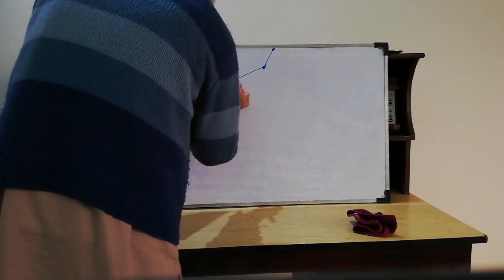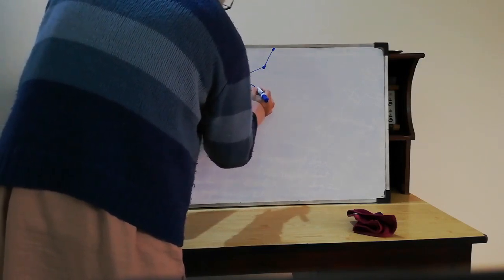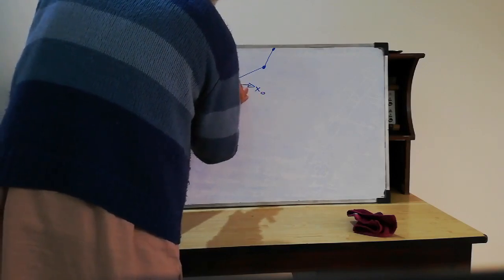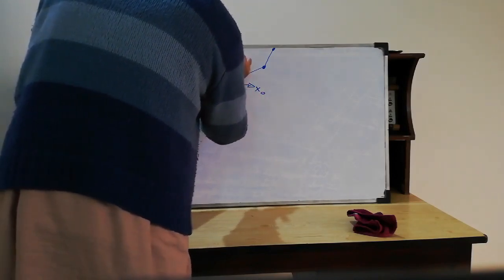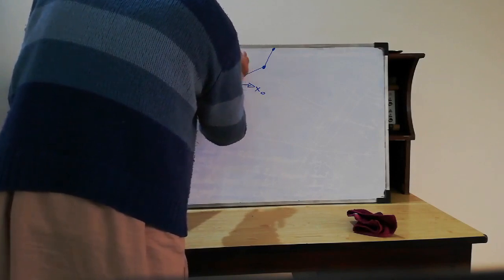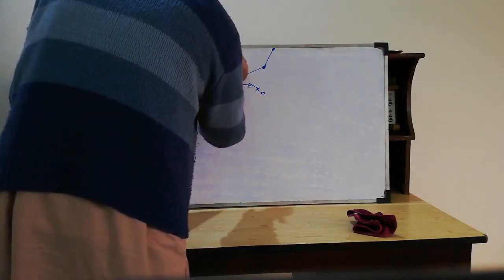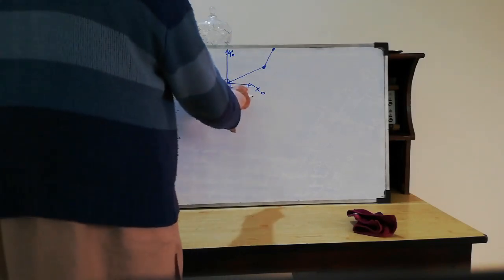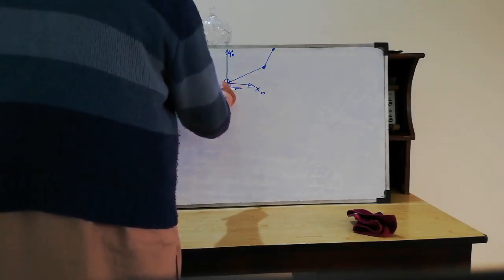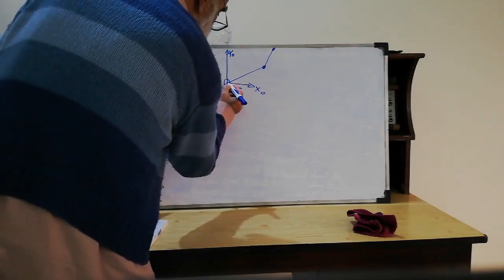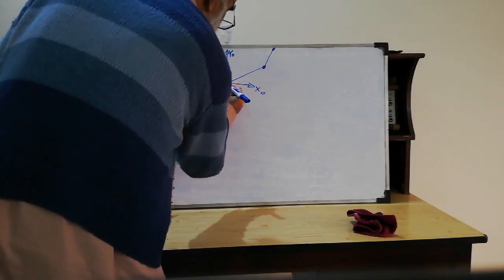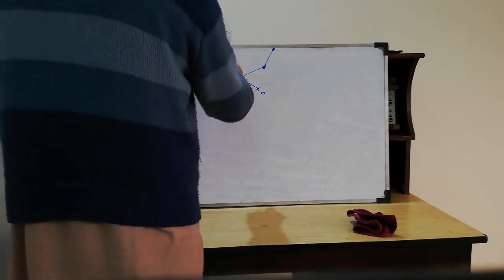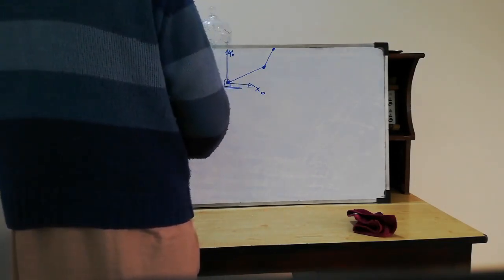This is x naught and y naught, and z naught is coming out of the page. That's a fixed axis, and then we have joint 1 here. This is joint 1, and z naught is coming out of the page. So x naught, y naught, z naught.